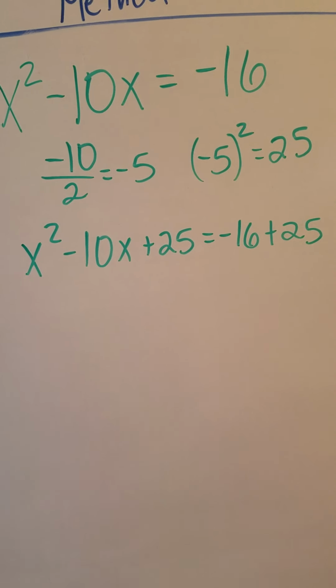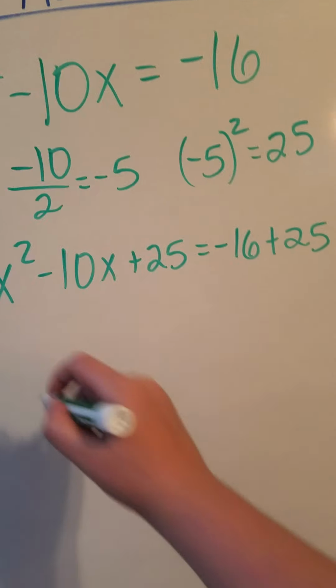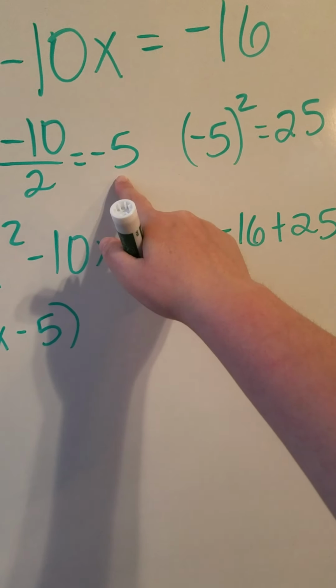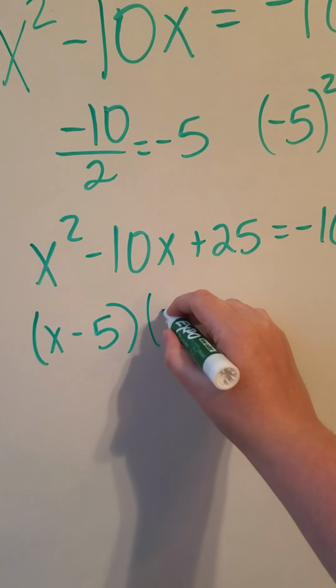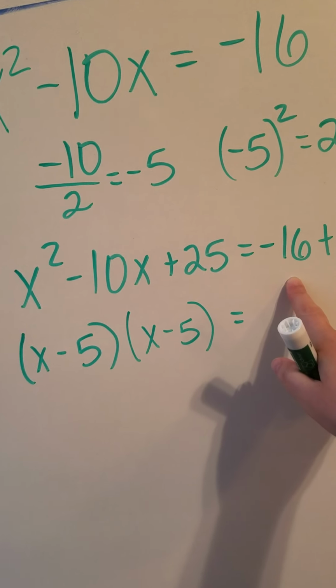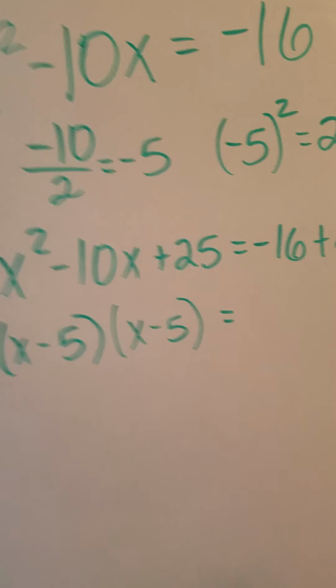So that's what I have right now. I can go ahead and start factoring to get x minus 5, because that's what I got up here, times x minus 5 equals -16 plus 25. That should be 9.